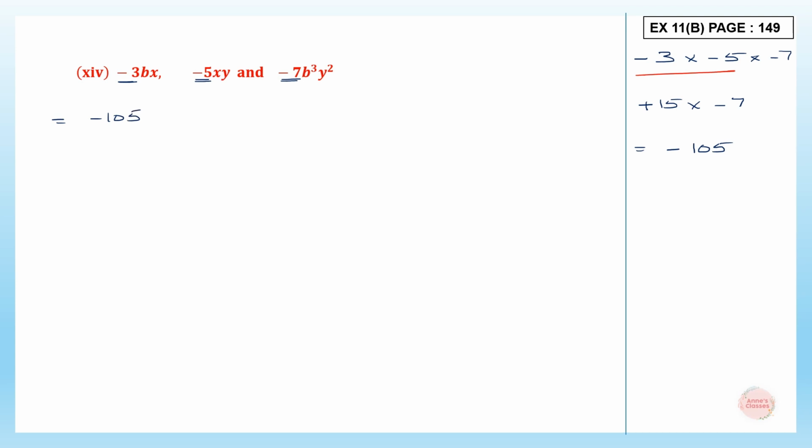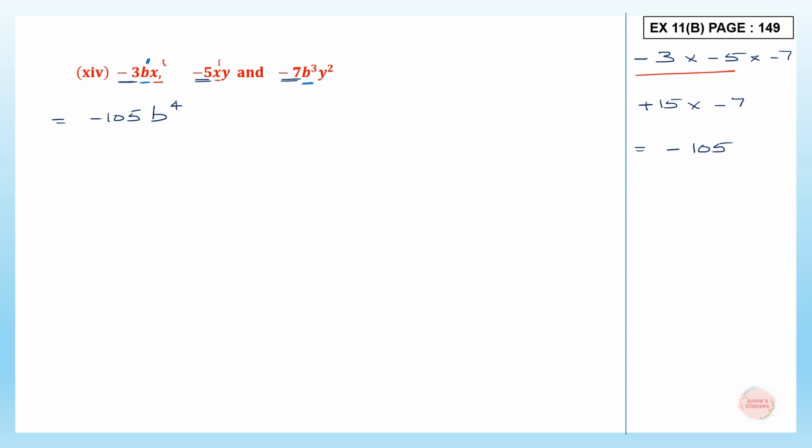Now let's take each term separately. That is each literal. So let's take only the b. So here if I take b, I have b to the power of 1 here and here I have b to the power of 3. So that will be b to the power of 1 plus 3, which is b to the power of 4. Now let me take x. So here I have x to the power of 1.